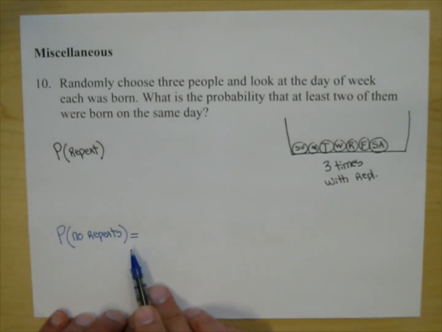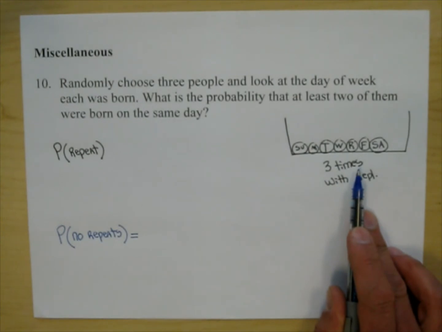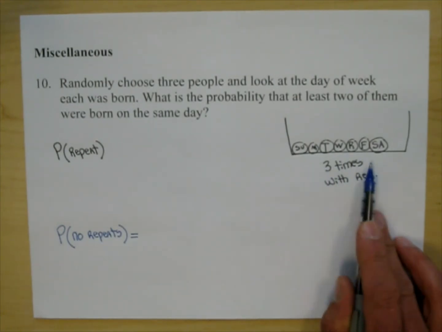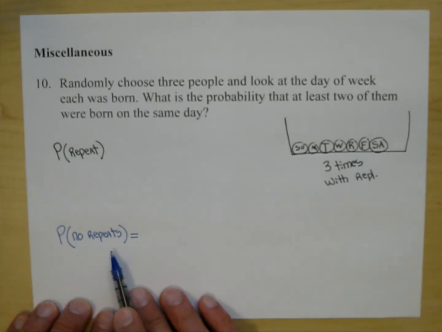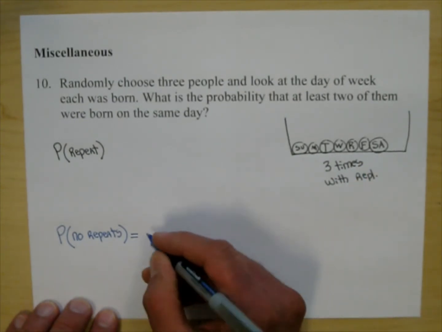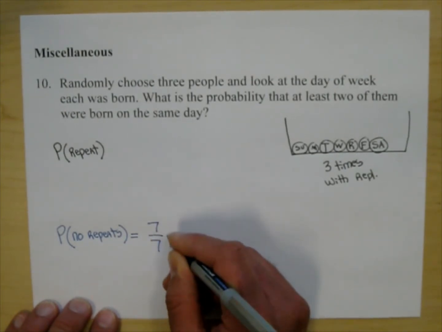So we're trying to get no repeats. What could the first probability be? It doesn't matter what you pull out of the box the first time. You have a chance of getting no repeats, so you've got 7 out of 7.